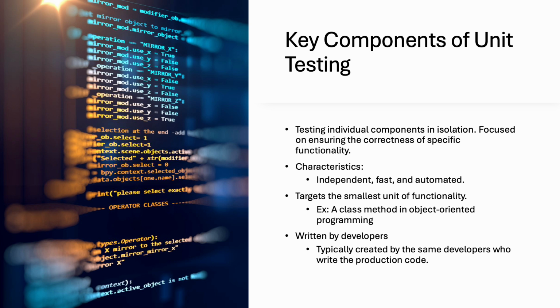It is written by developers, typically by the same developers who write the production code. So now that we covered key components of unit testing, let's explore the benefits of unit testing.